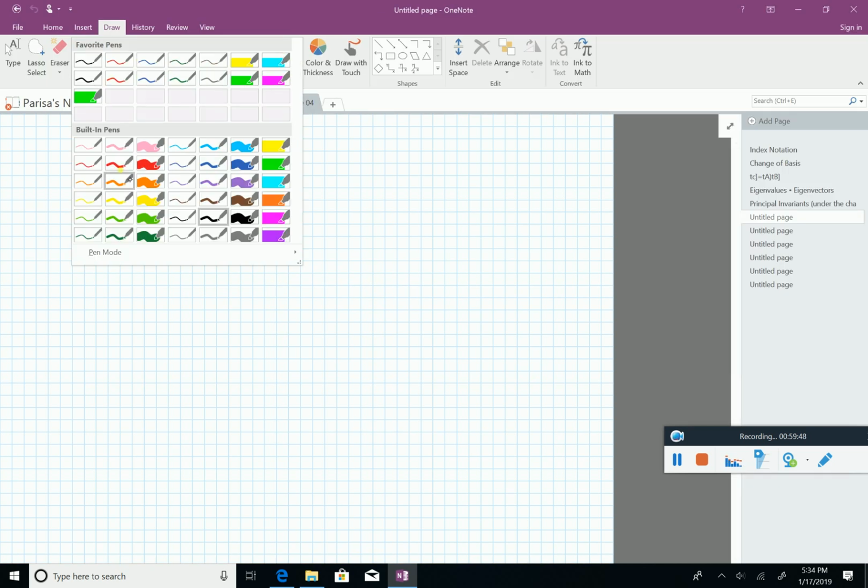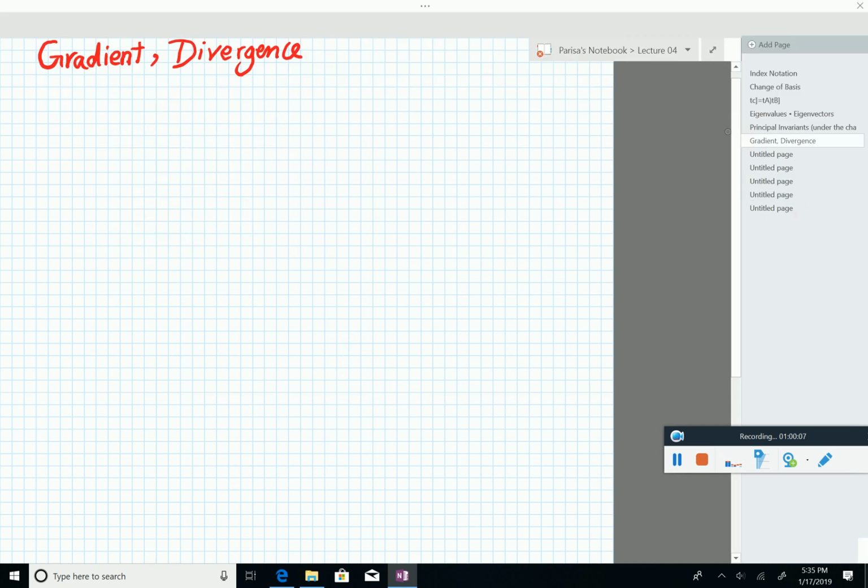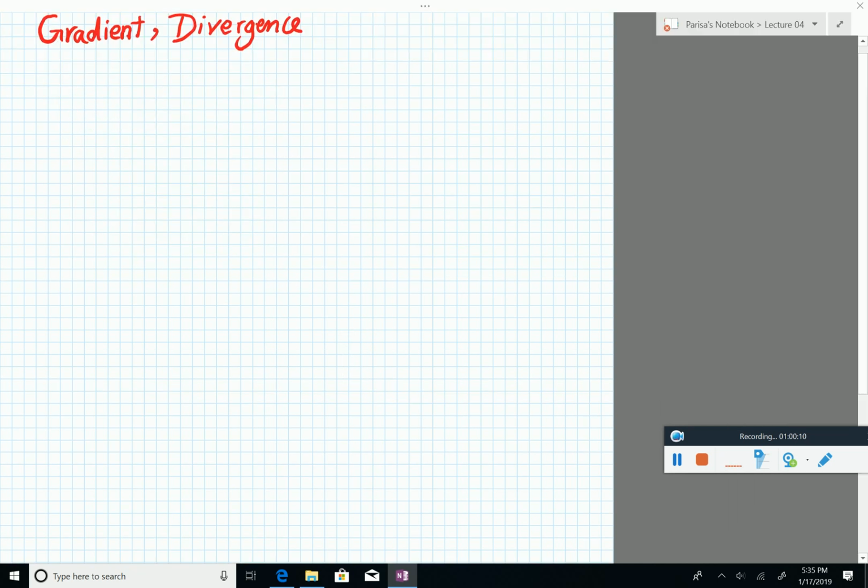So I start, maybe I put a title here. Gradient, divergence. That's kind of the title. But we start with defining the differential of a function, and that's kind of essential.